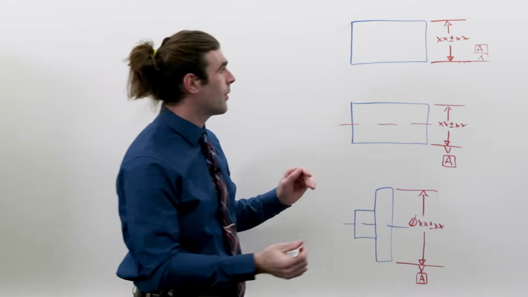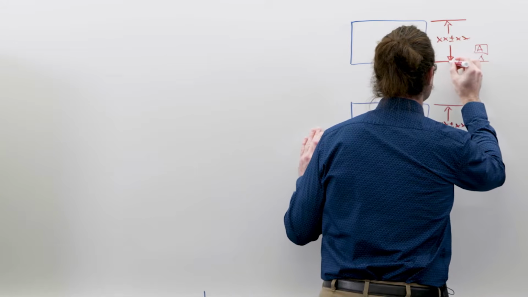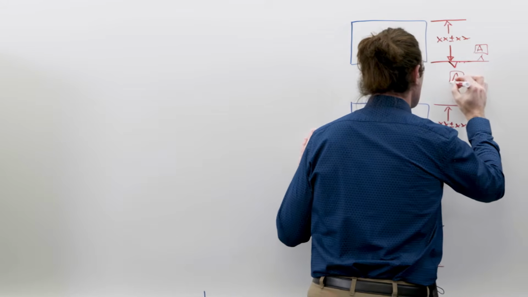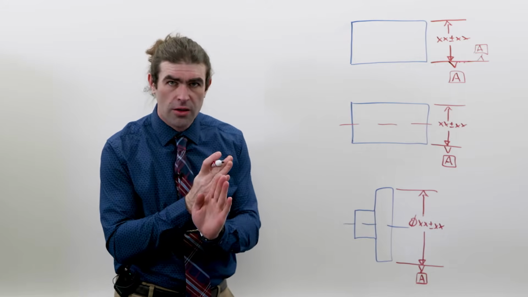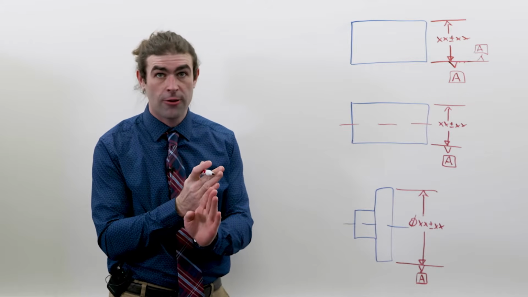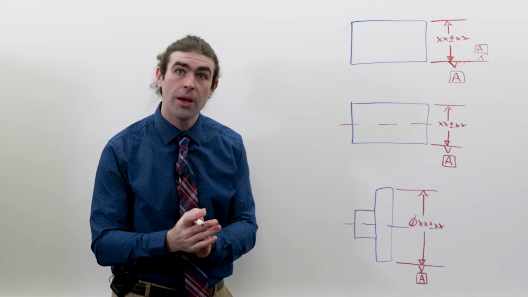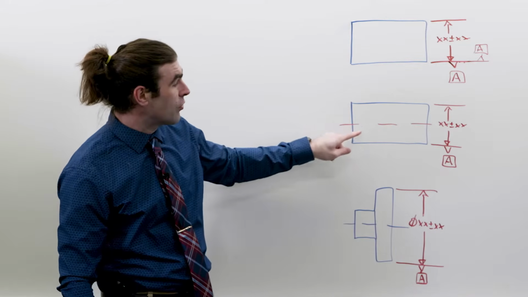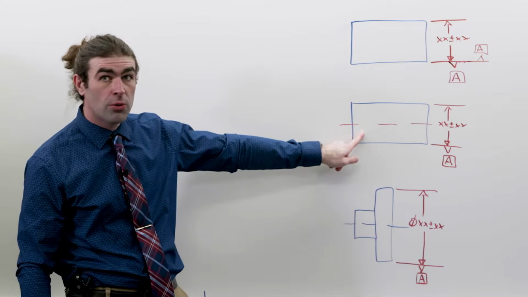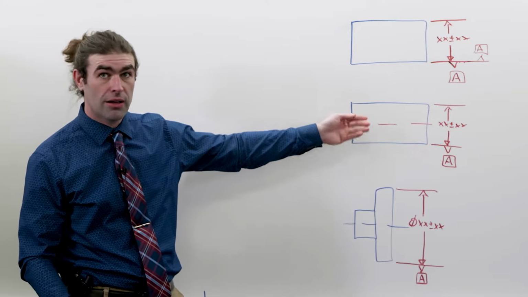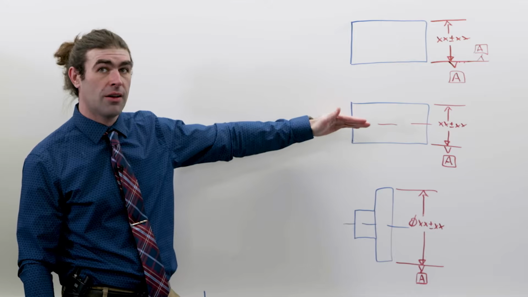You don't want a situation where the datum is really close and you're not sure whether the designer meant for it to be a center plane datum or they meant it to be a surface datum. Another giveaway is there should be a center line going through this part because it's symmetric if the datum is the center plane of the part.